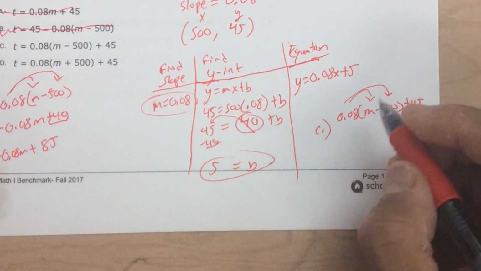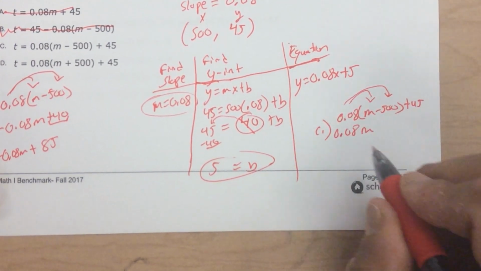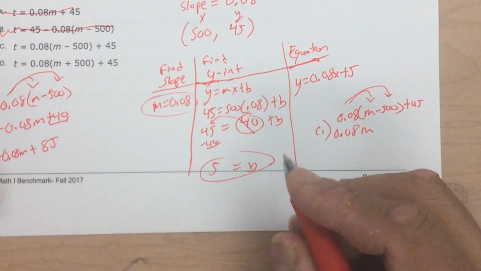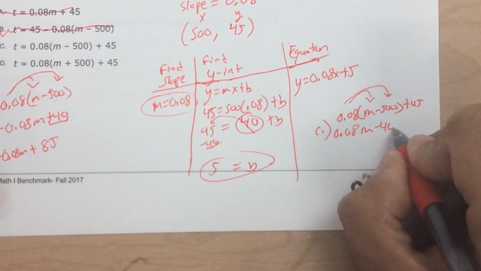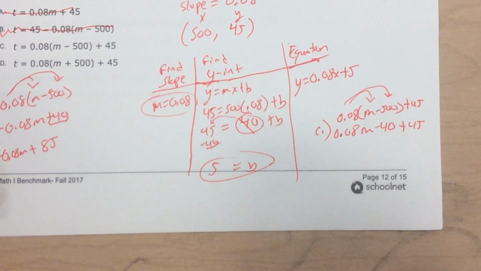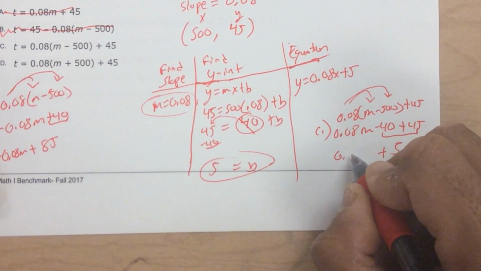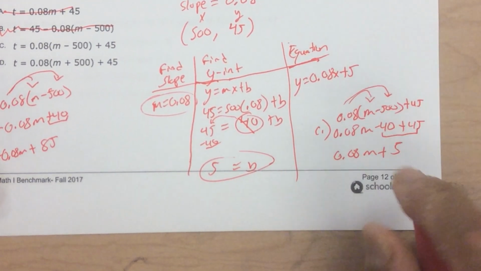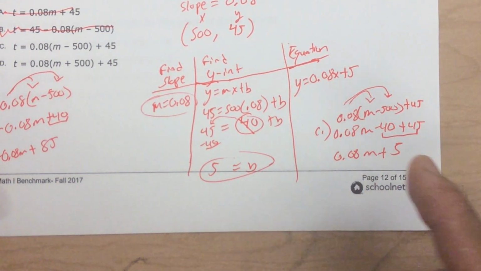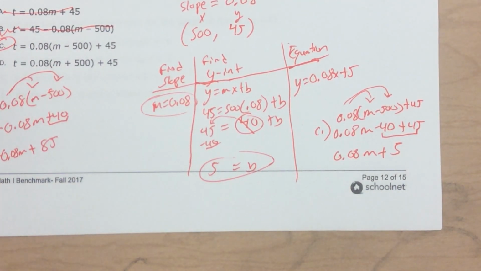So 0.08 times m is 0.08m, and then 0.08 times negative 500 gives you negative 40, and then plus 45. So negative 40 plus 45 gives you 5, and then bring down your 0.08m. And as you can tell, it's the same equation. The only difference is the variable is different. So my answer is C. That's the one that matches.